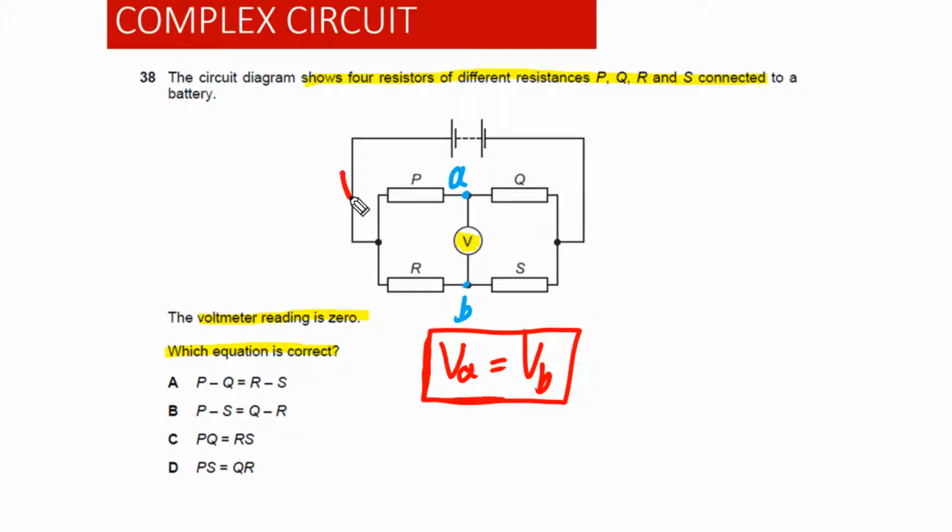Now, let's say the current coming from this battery is I, and at this junction, current I will split into two parts.